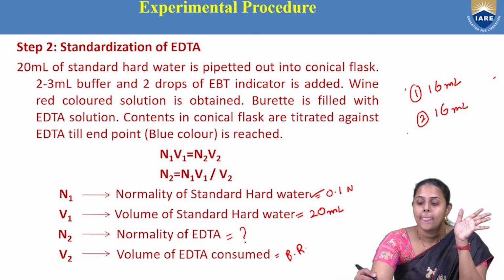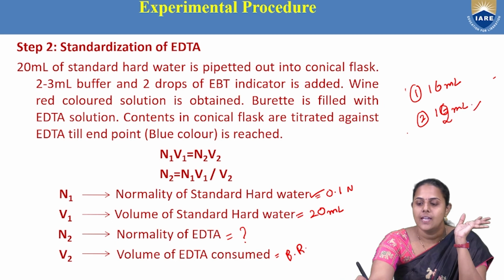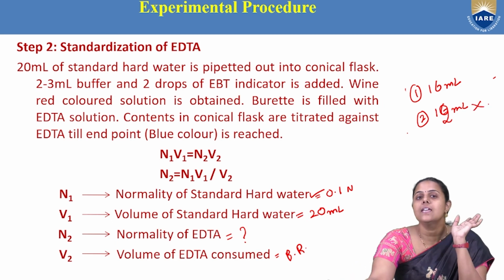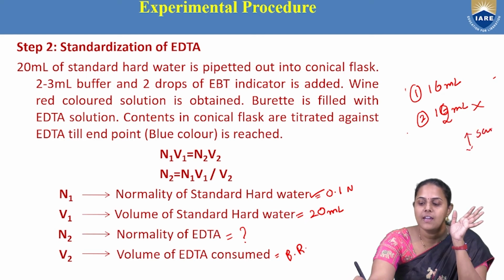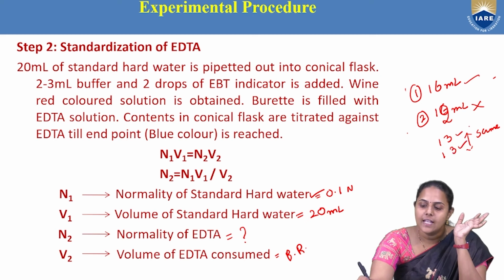For example, second time when I titrate, I got only 12. Then I need to repeat the experiment till I get the same concurrent values. First I got 16, next I got 12, again I got 13, again I have to repeat. Fourth time again I got 13, then I will take 13 as the final value.